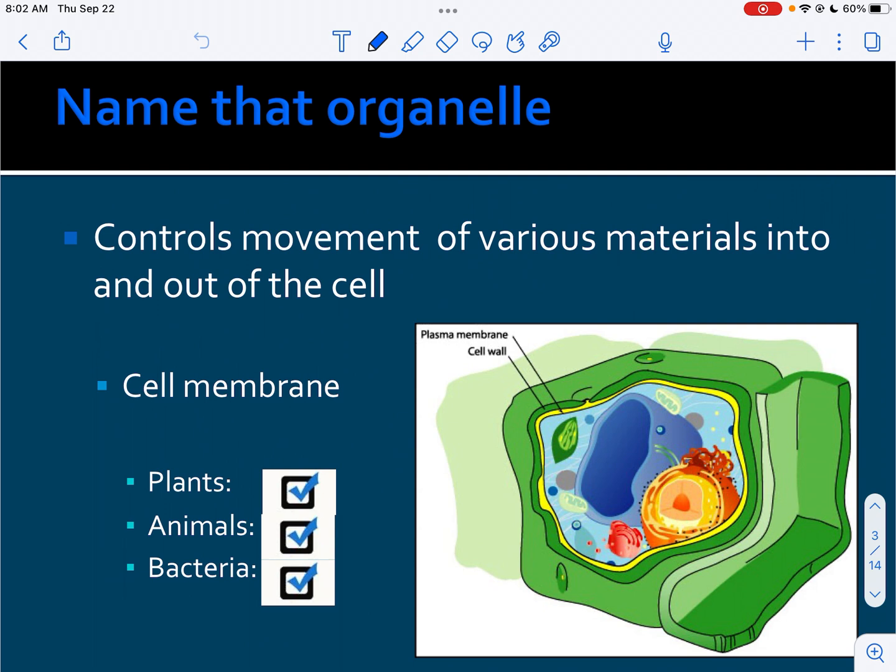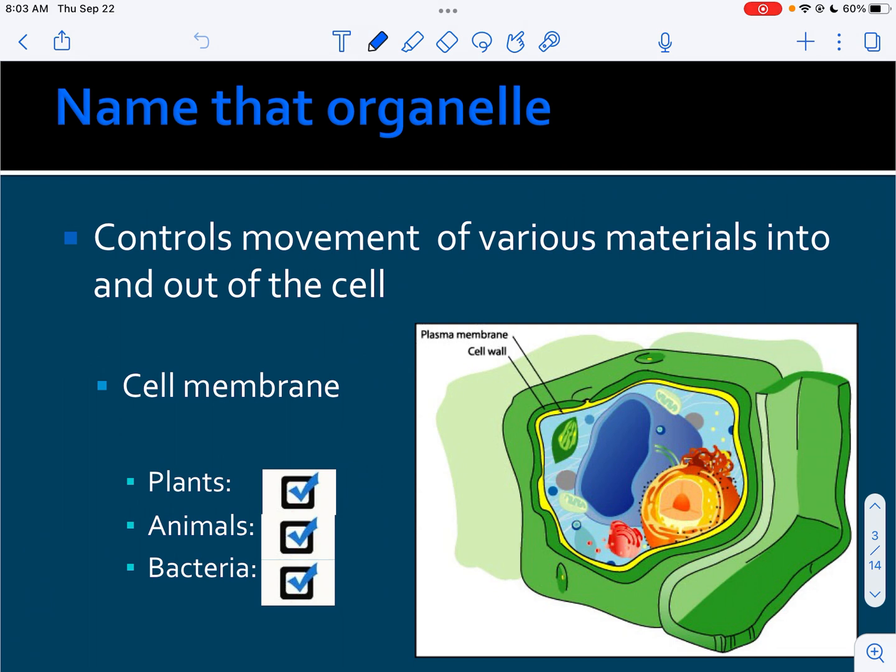Our cell membrane is actually composed of a phospholipid bilayer. What do you think phospho is, what element is that? Yeah, phosphorus. Lipid means there's what in the cell? Fats, right? And bi means two layers.